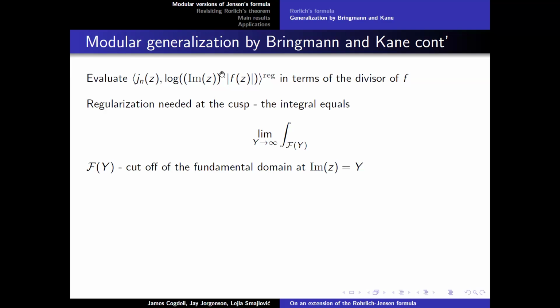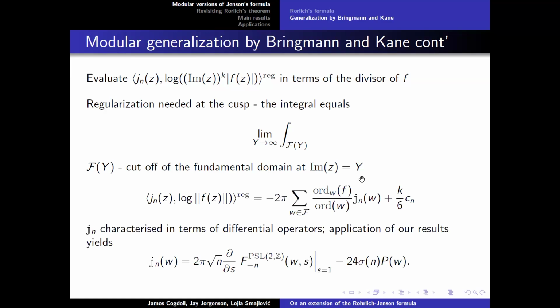So what they did, they evaluated this regularized product in terms of the divisor of f, and again regularization is needed at the cusp, and again the integral is interpreted as the limit along the compact part, where the fundamental domain is cut off at imaginary part of z equals Y. And what was proved by Bringmann and Kane is that this regularized inner product equals, again, a very similar sum to the sum obtained by Rohrlich, that is the sum on the right-hand side, where instead of the parabolic Kronecker limit function one has a certain function, which in their paper was characterized in terms of certain differential operators.